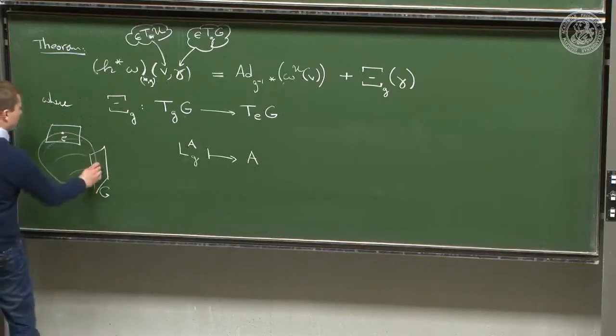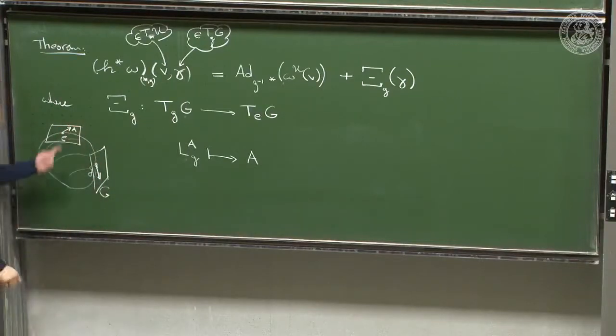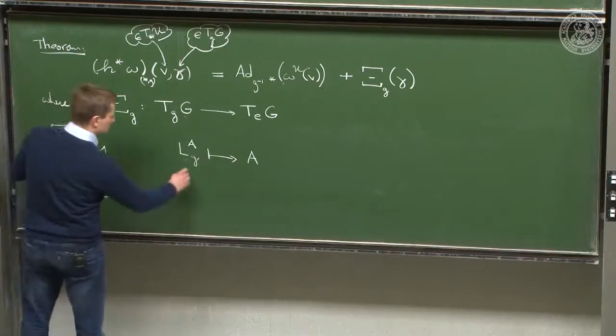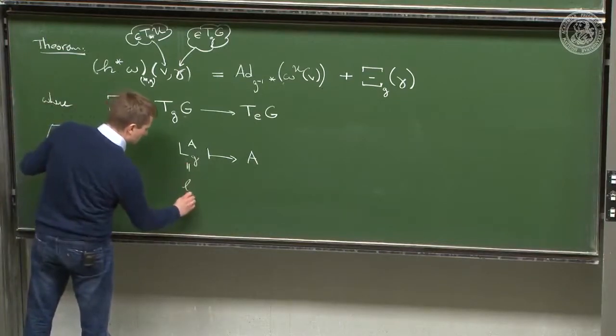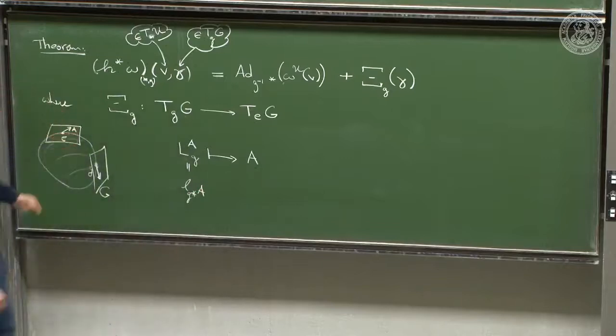Then we found that there is always a specific vector A up here, such that the left invariant vector field generated by this A, this guy, reproduces this vector here. Okay?